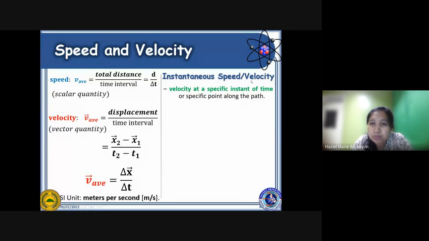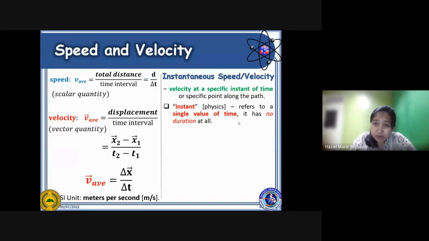And instantaneous velocity is velocity at a specific instant of time or specific point along the path. So that is the definition of instant. It refers to a single value of time. It has no duration at all. So we cannot say that it is a time interval. It has no duration. It is just that particular moment.